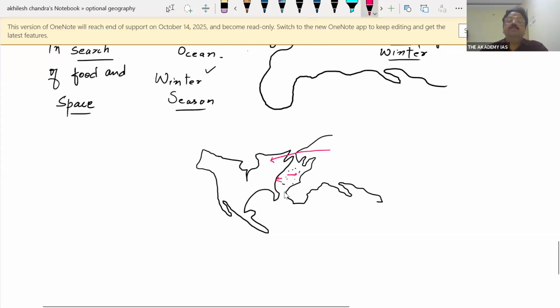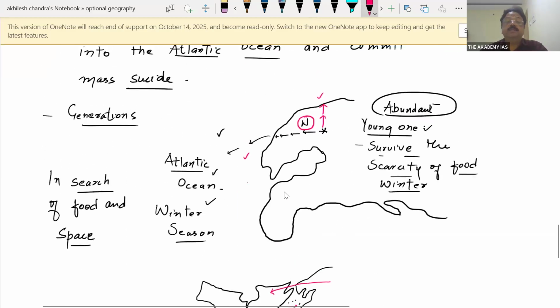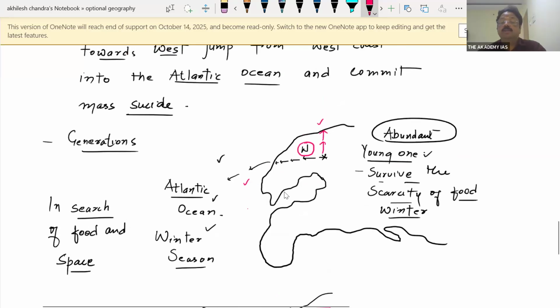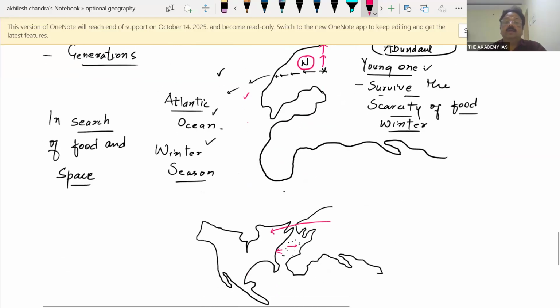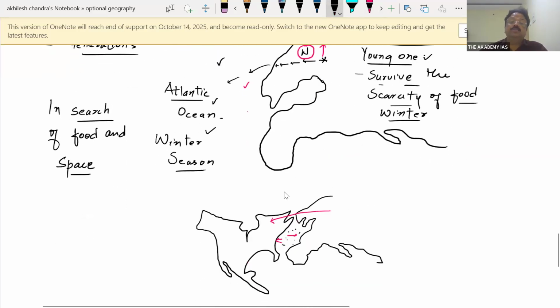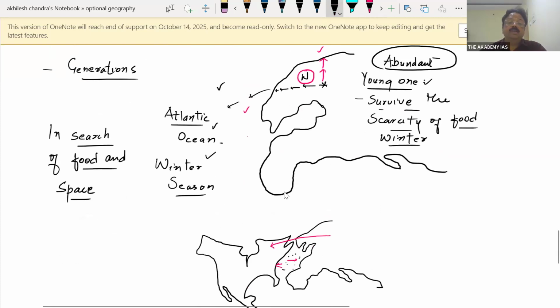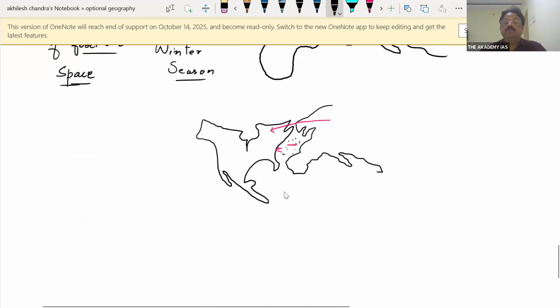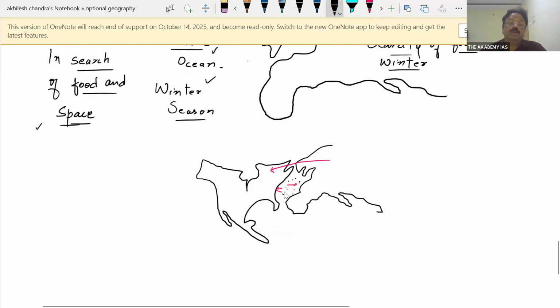So initially, the animal behavior was considered as mass suicide for their young ones. But later on, it was concluded that this westward movement is just in search of food as well as space. But in the pursuit of this, they perished in crossing the Atlantic Ocean, a huge water body.